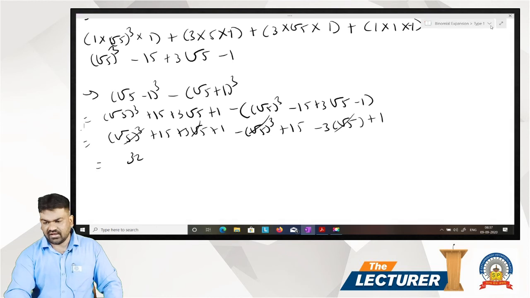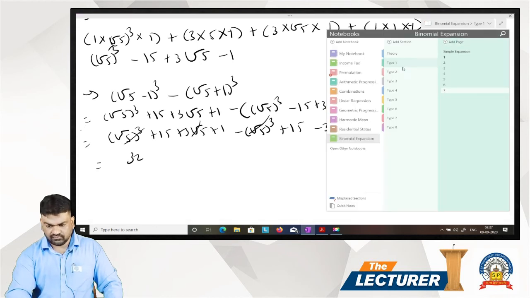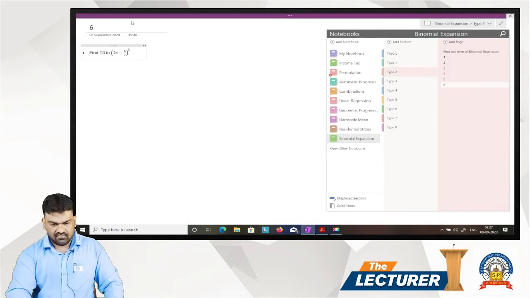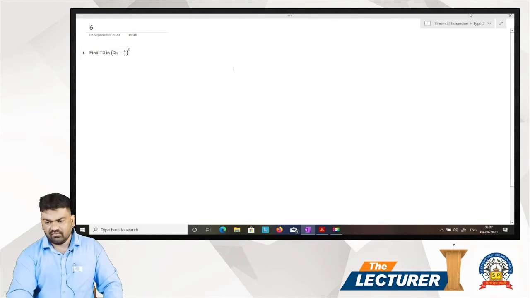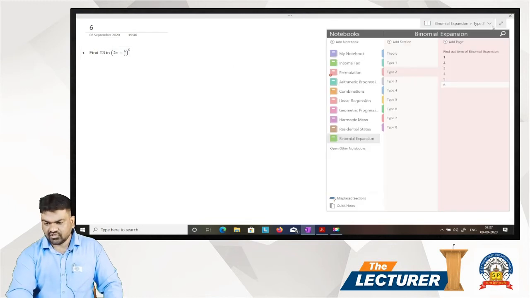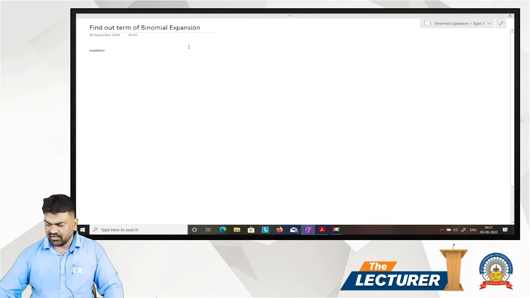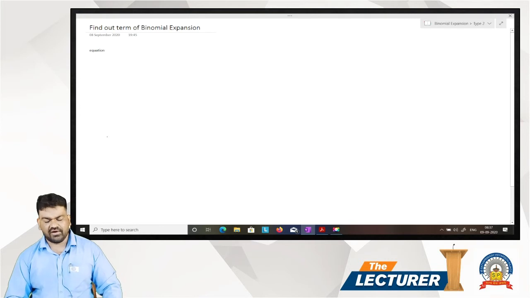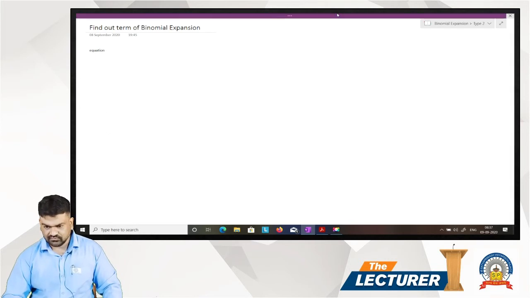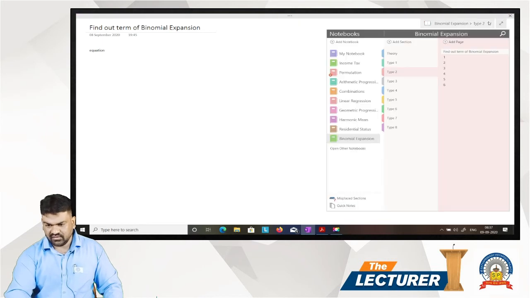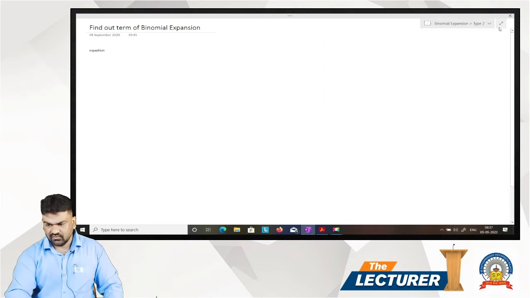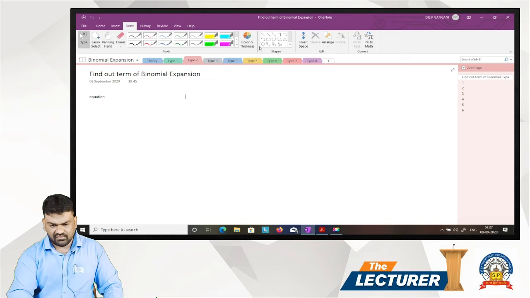Now next, type 2. Find the term in a binomial expansion. First of all, how to find the term? Term means Tn. What is Tn in binomial expansion?